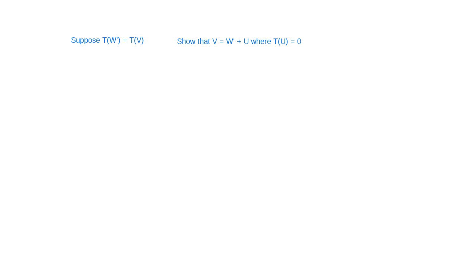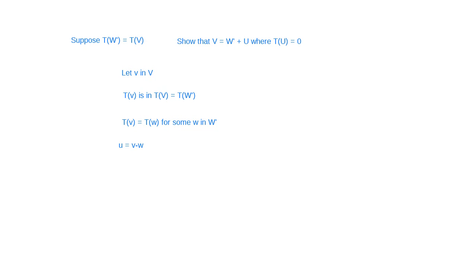So let V be in V. Now T of V is in T of capital V, which is T of W prime. So you can write T of V equals T of W for some W in W prime. Now I'll let U equal V minus W. Then T of U is T of V minus T of W, and since T of V equals T of W, this is 0.